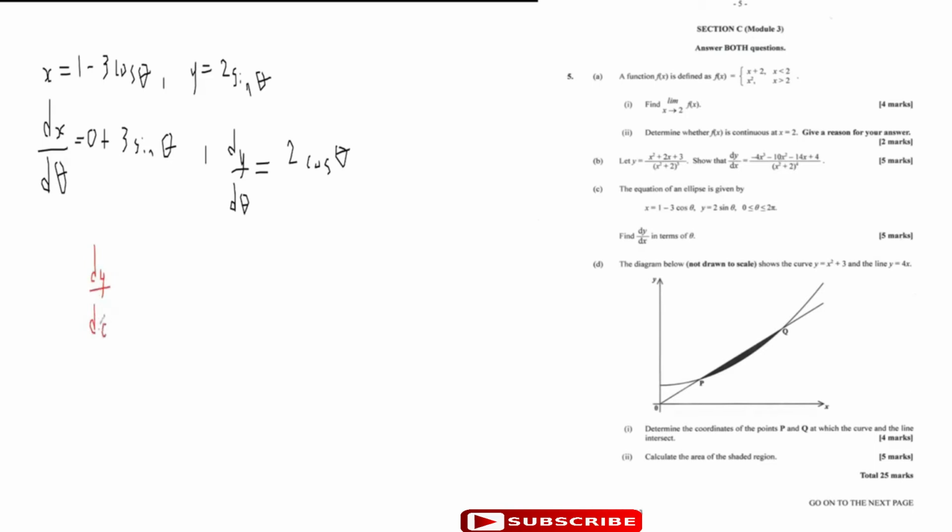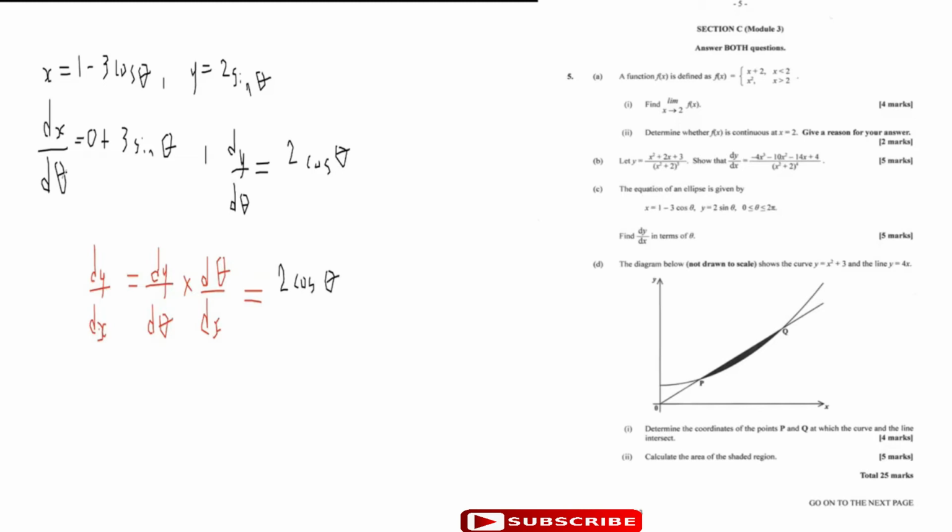Finding dy by dx, dy by dx is equal to dy by something times something over dx. That something in this case is d theta. So dy by dx is dy by d theta times d theta by dx. So dy by dx is dy by d theta, which is 2 cos theta, multiplied by d theta by dx.